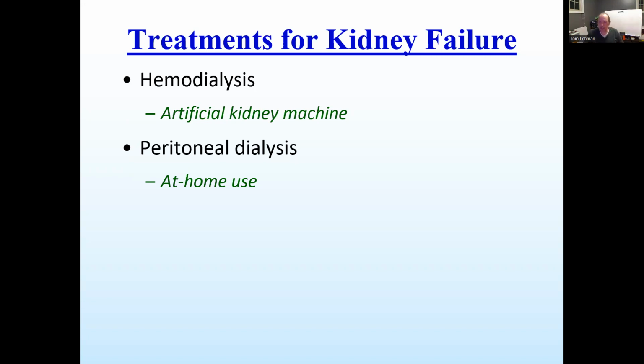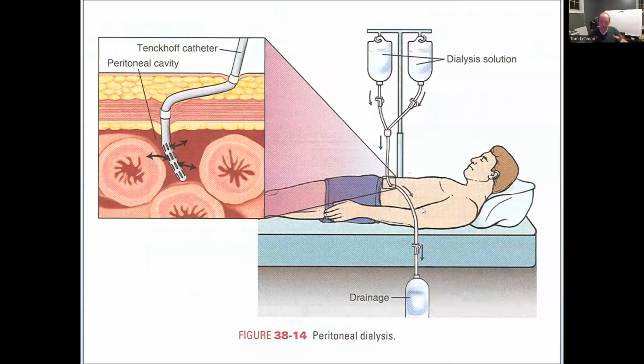So someone got the brilliant idea of putting a little indwelling catheter into the wall of the abdominal cavity and using a little pump about the size of a typewriter to draw a bunch of very dilute fluid and push it into the abdominal space. And then through just passive movement, waste will diffuse out of the mesentery into that fluid in the peritoneal space. And after about an hour, the pump would change and would draw the fluid out and drop it down into a little drainage bucket.